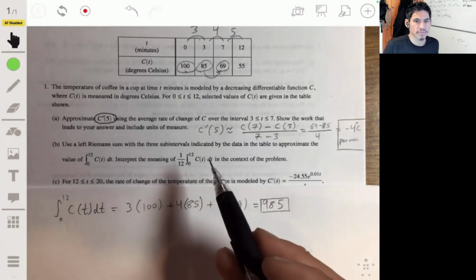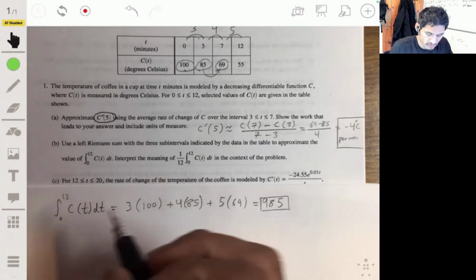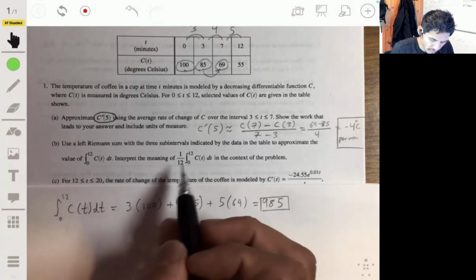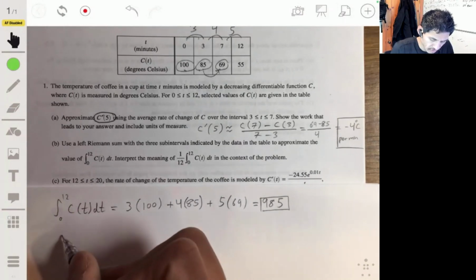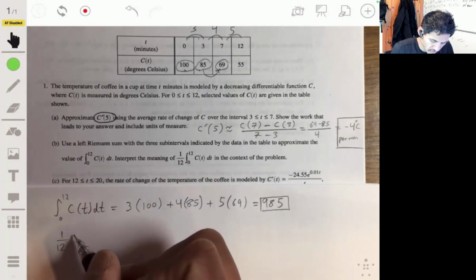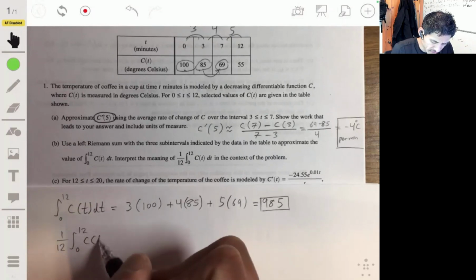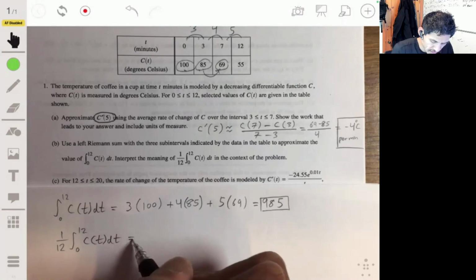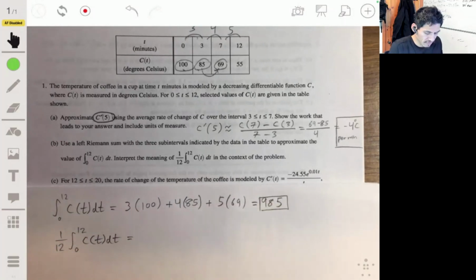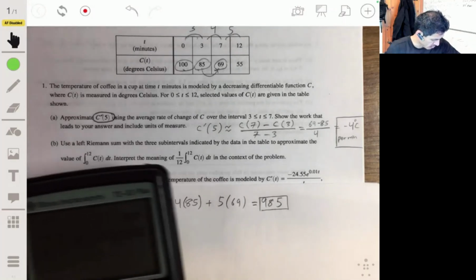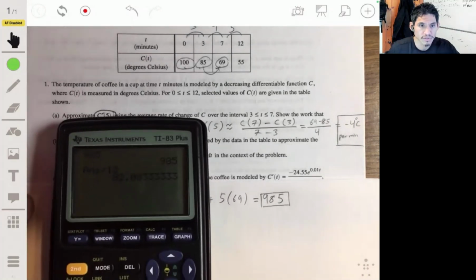Now, when it says interpret 1/12 of this, so 1/12 times the integral from 0 to 12 of C of t dt, this is going to be 985 divided by 12, or about 82.083 repeating.